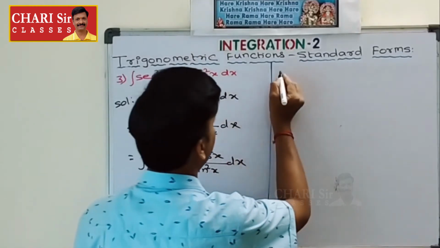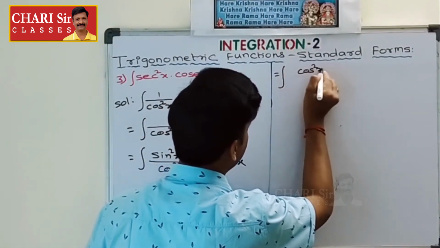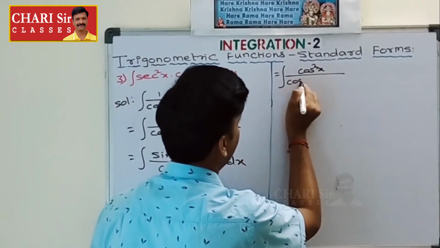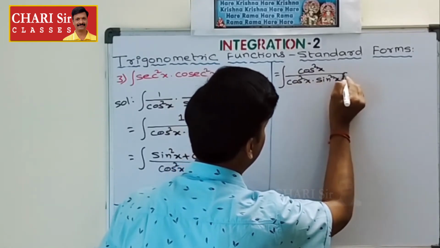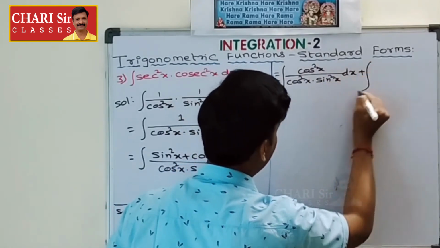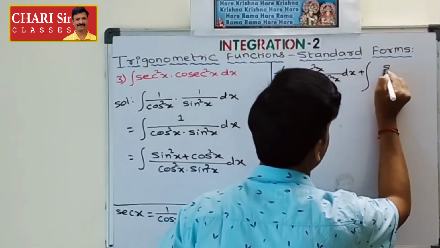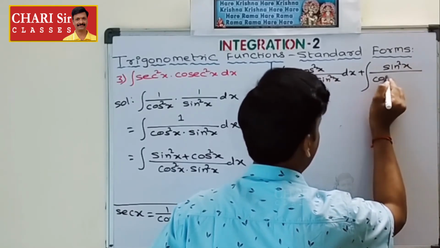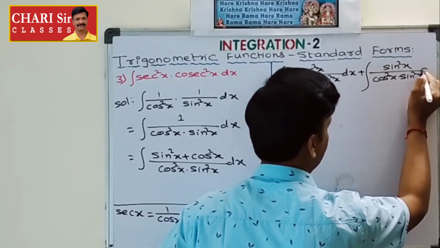That we can do here: integration of cos square x by the denominator cos square x into sin square x dx, plus integration of sin square x by cos square x into sin square x dx.